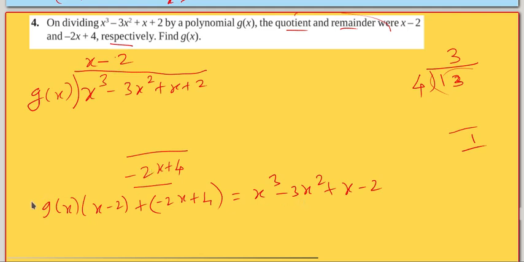Now we have one equation with an equal sign. Everything is in terms of polynomials, only this g of x is unknown. So if we simplify this, we will get g of x.